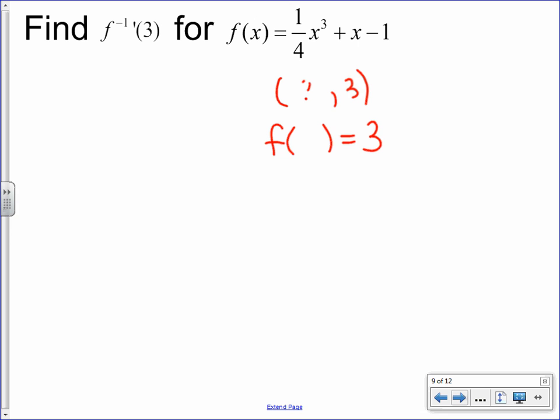Probably 4 cubed would be 64, divided by 4 is 16, plus 4 is 20, minus 1 is 19. Not good. How about 2? 2 cubed is 8, divided by 4 is 2, plus 2, minus 1 gives 3. So when we plug in 2, we get a value of 3.